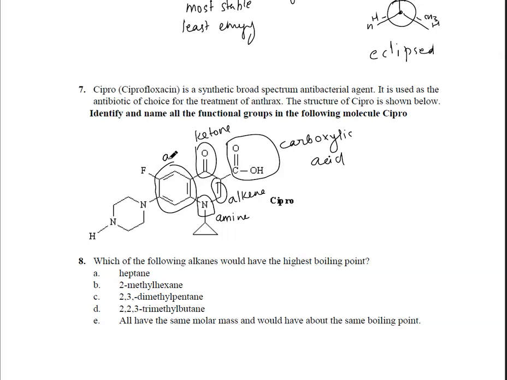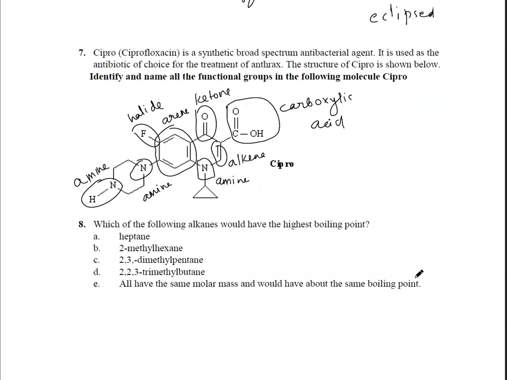Okay, benzene rings are referred to as arenes. We have a halogen or a halide. This is also an amine, and this one also will be an amine. This is how you identify all the functional groups in this molecule.